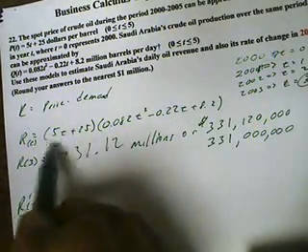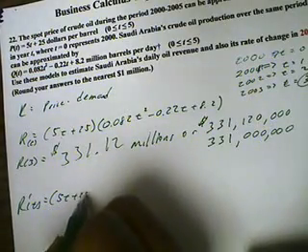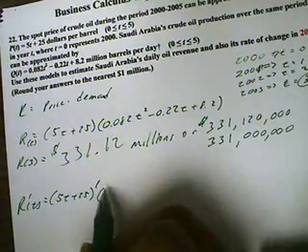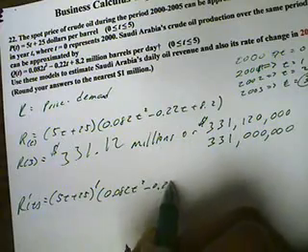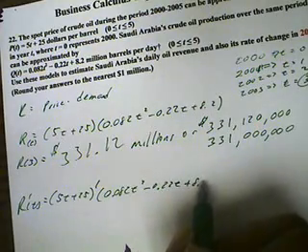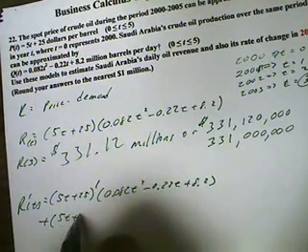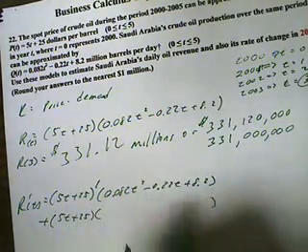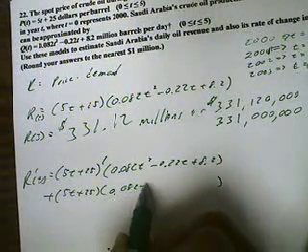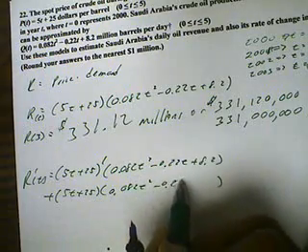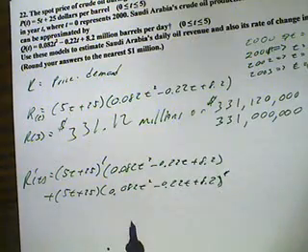The derivative will be the derivative of 5t plus 25 times 0.082 t squared minus 0.22 t plus 8.2, plus 5t plus 25 times the derivative of 0.082 t squared minus 0.22t plus 8.2.